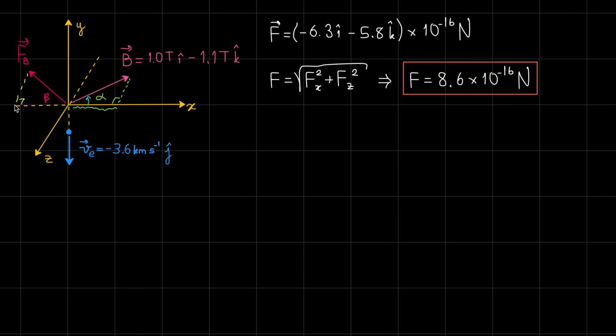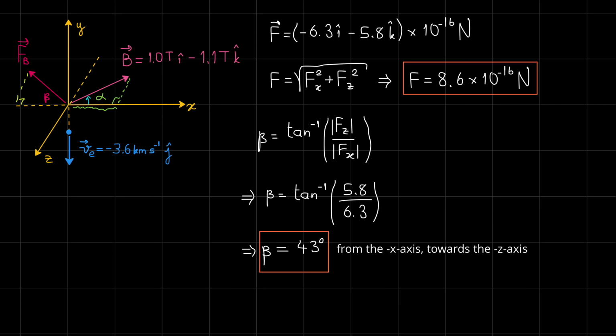So the z component is the opposite side and the x component is the adjacent side. Beta is equal to inverse tan of absolute value f sub z divided by f sub x. After the numerical calculation, we get beta equals 43 degrees. That's 43 degrees from the negative x-axis towards the negative z-axis.